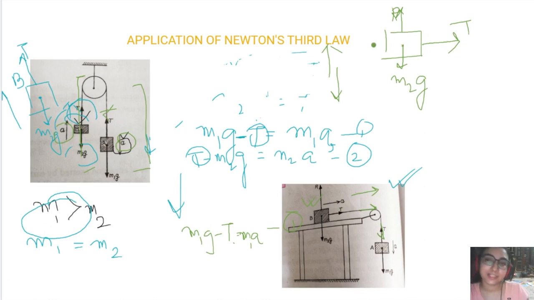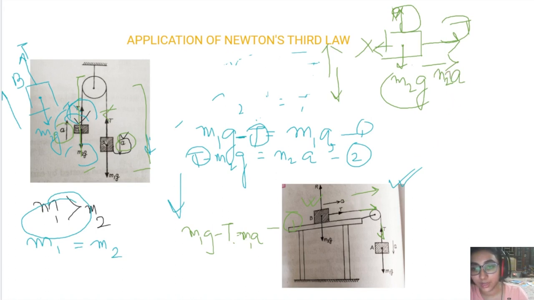Now tell me something, is there something on the left? There is no force on the left, right? No force. There's an m2g, there's an R, and there's a T. And also, you don't have to write it, but यहाँ पे एक a भी है, मतलब the m2a is also in the same direction, right?